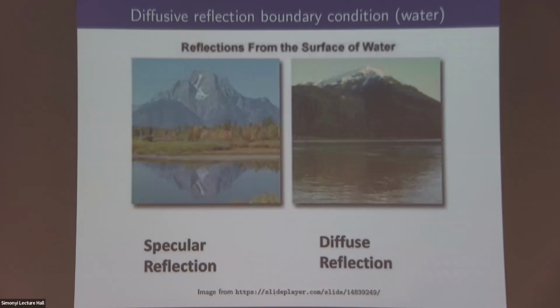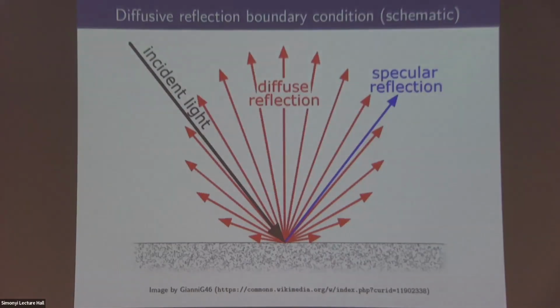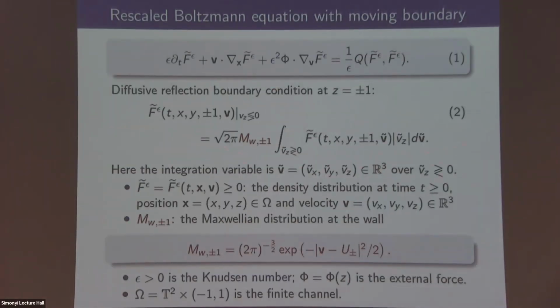This has to do with the roughness of the boundary then? It can have to do with that. What else causes this diffuse reflection? Basically, if you're talking about light and you have a rough boundary, it gets reflected all over the place. And this is just an average: instead of modeling precisely, you take an average over everything.